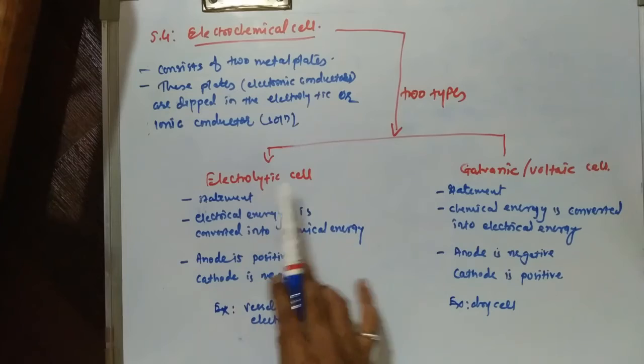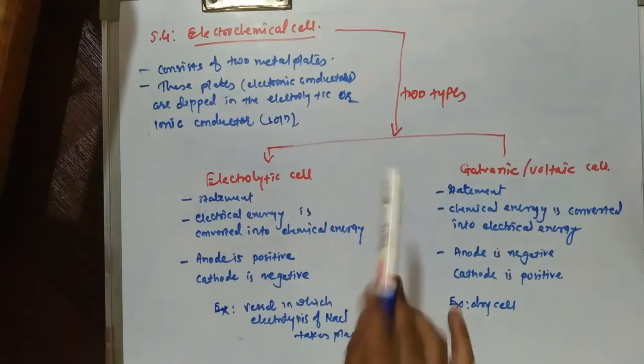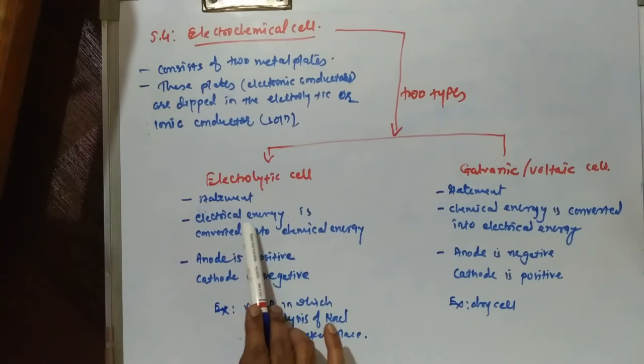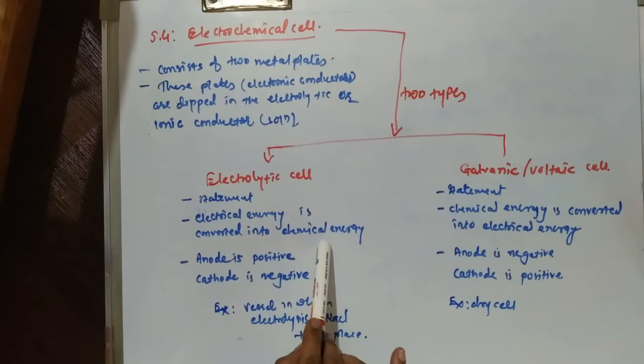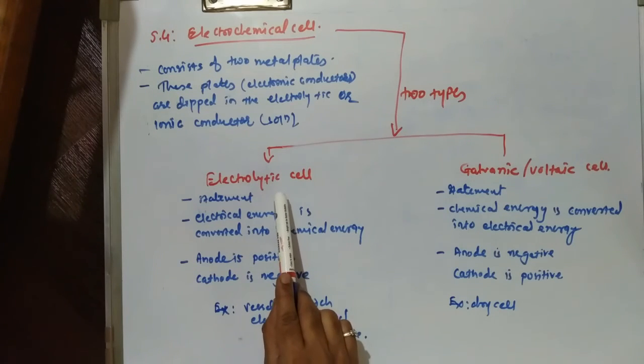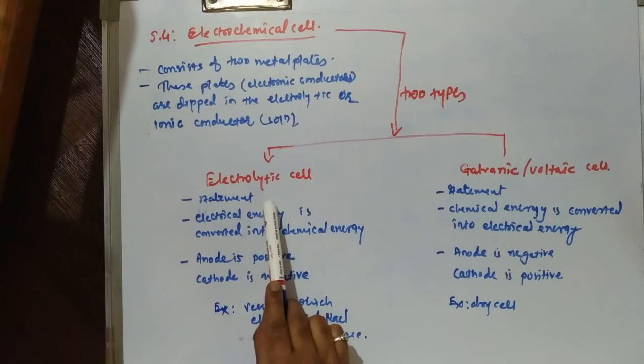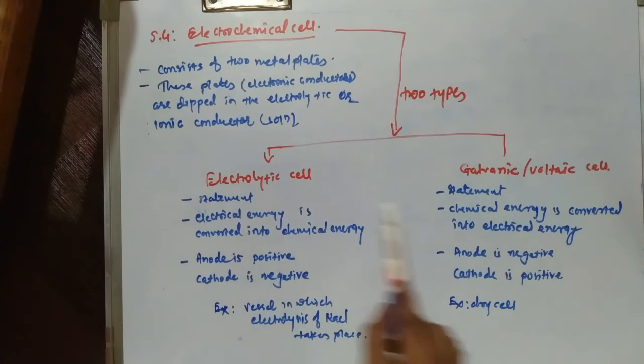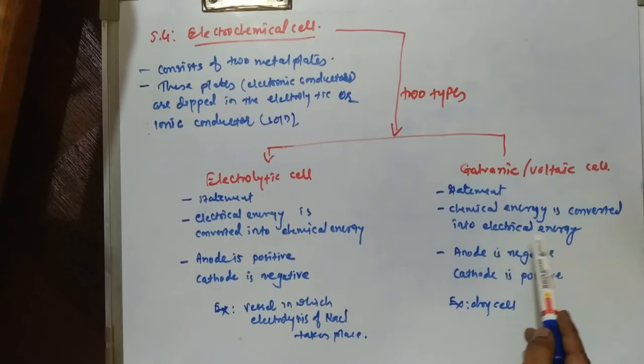Now these are the statements of these two. Here in the electrolytic cell, electrical energy is converted into chemical energy because we are using electric current to carry out the chemical reaction, and here in the galvanic cell, chemical energy is converted to electrical energy. We are producing electricity.